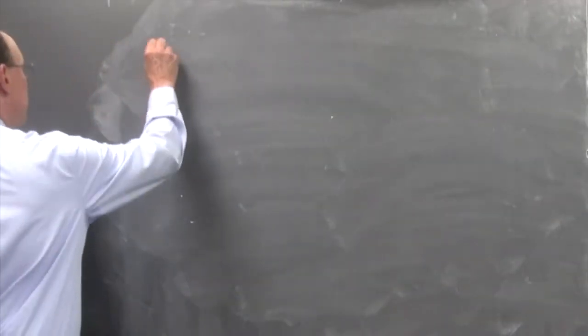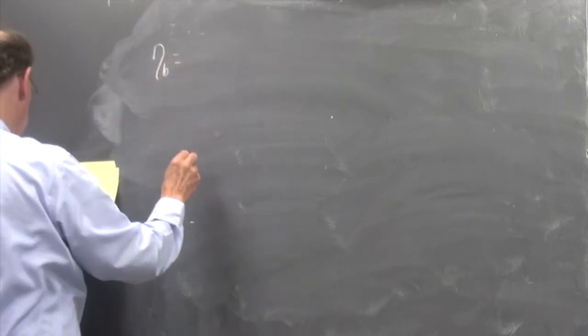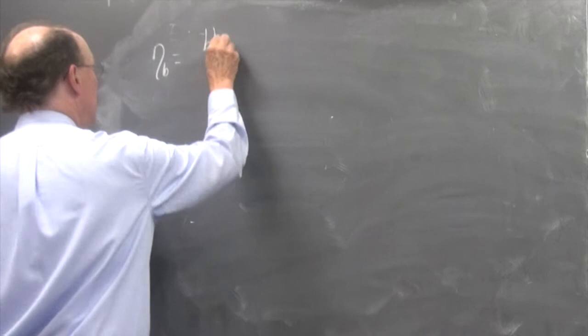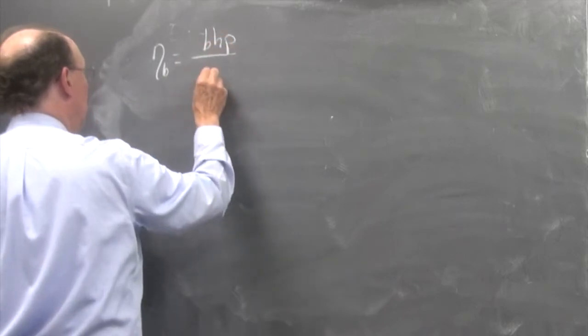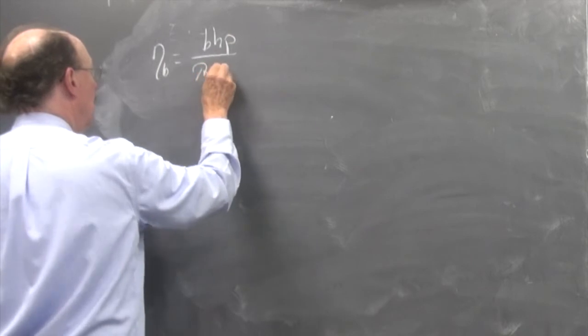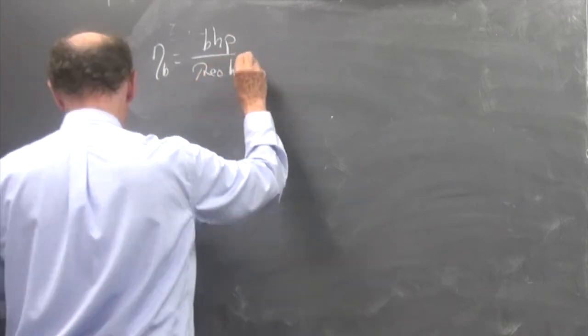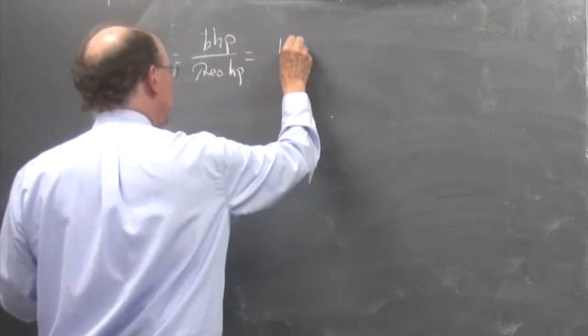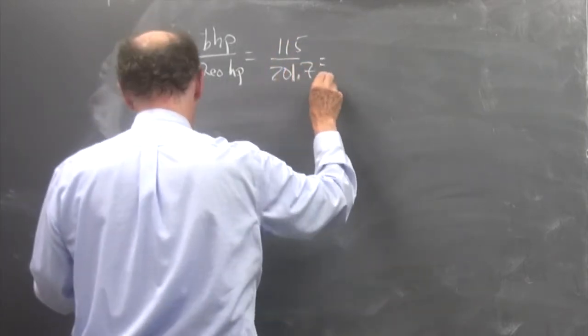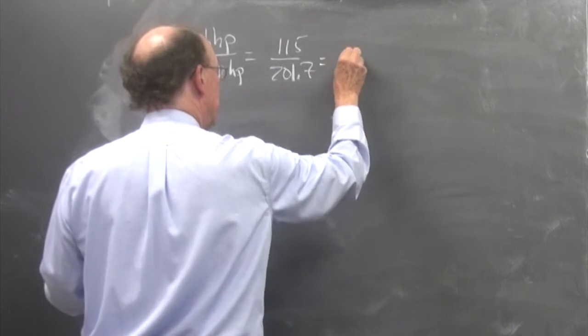So now A sub B is equal to bhp over theo hp. So this is 115 over 201.7, which is equal to 0.57.